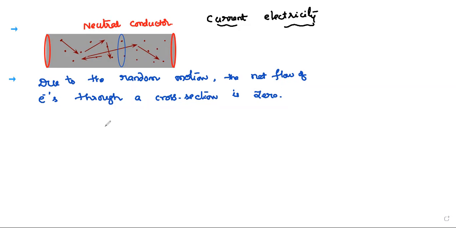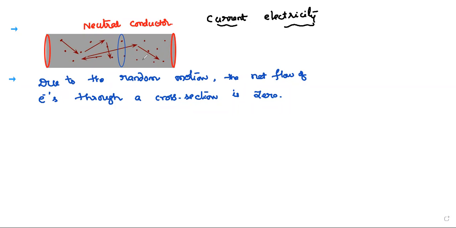Like 5 students went out to the washroom, again 5 students entered into the classroom. Finally, neither loss nor gain of the number of students in the classroom. Net flow we say 0. In the same way here, electrons cross towards right, cross towards left. So net flow equals 0.